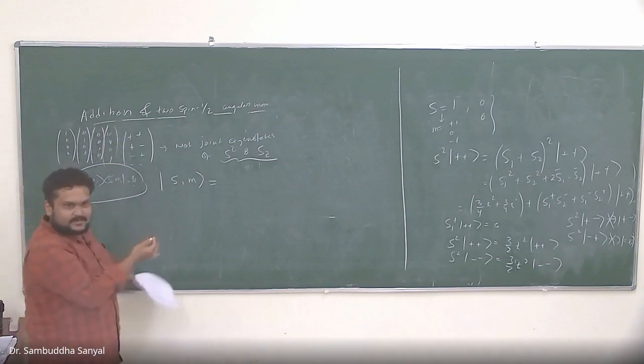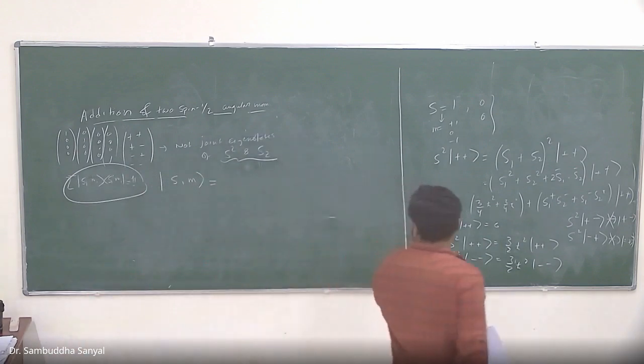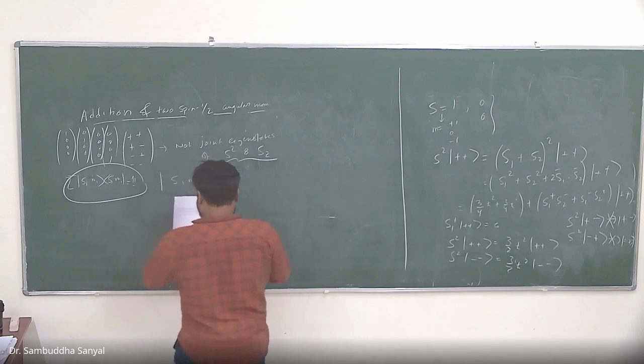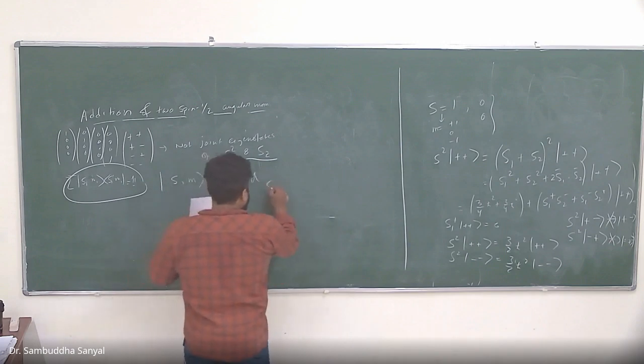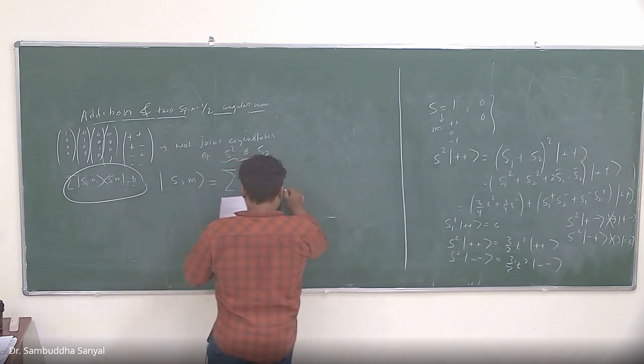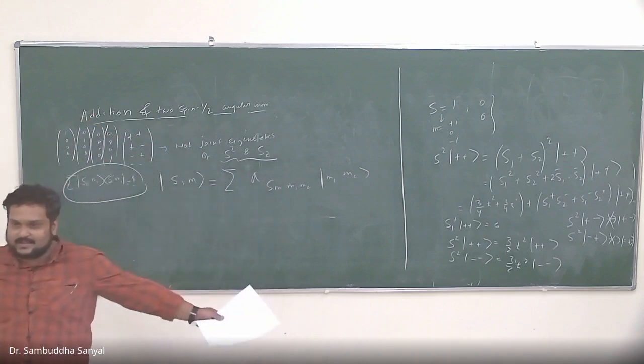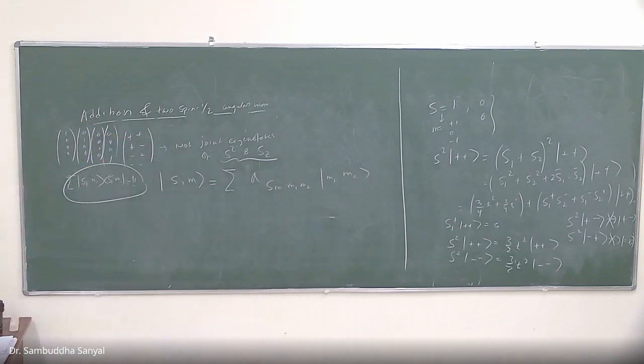So they are eigenbasis of this four-dimensional space. So there must be a relation between these two. So I'm writing it as M1, M2 because this plus minus is just M1, M2. I don't need to write the S. They are half always. Okay?